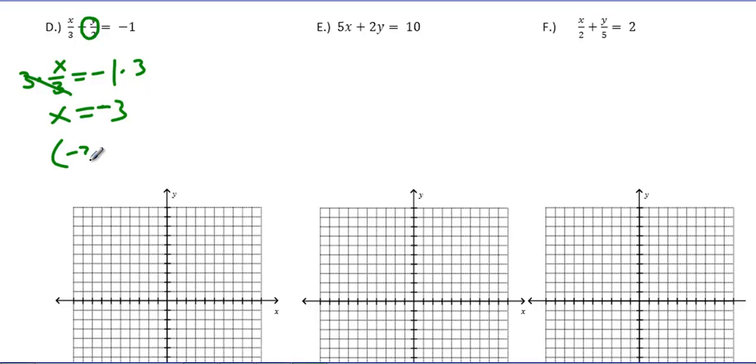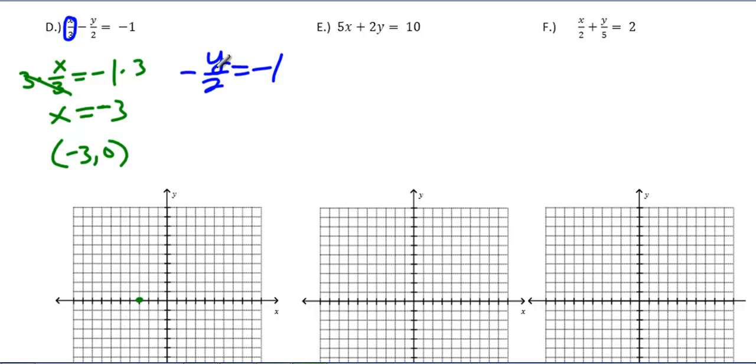Again, that's a point. Negative 3, 0, which is right here on the x-axis. It's an x-intercept. Now let me erase that and go to my y-intercept. So my y-intercept is going to make that x 0. Notice the negative sign. That's a big deal. Negative y over 2 equals negative 1.